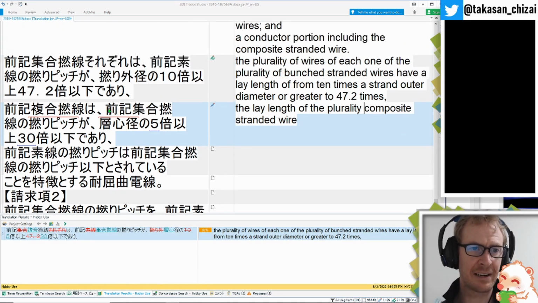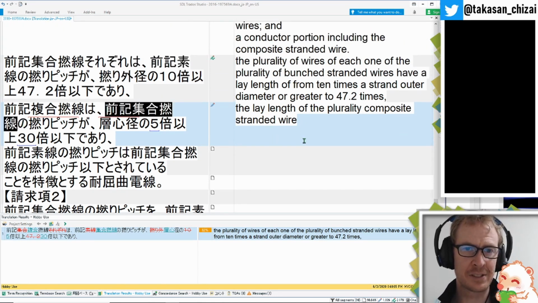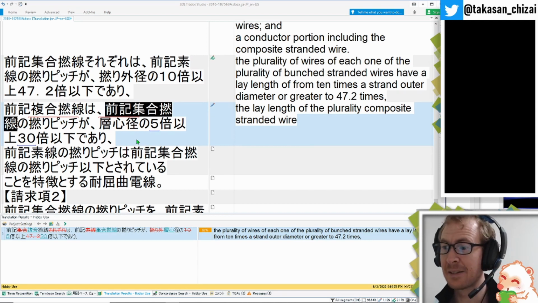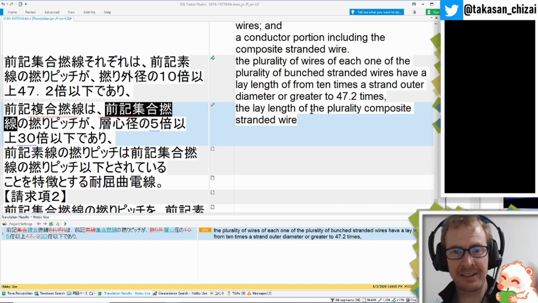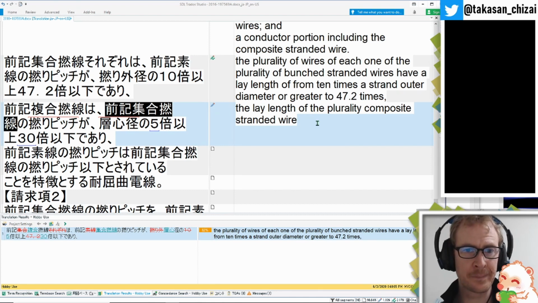I have to use polarity for this because I've used it up here. You have to keep consistency when you describe something as a polarity. Even though we're talking about each one, the way a claim is written can't just change from polarity to singular form.